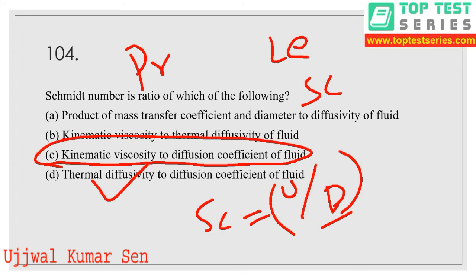Okay, just let me tell you the answer so that it will not create any problem. So in case of Prandtl number, Prandtl number is equal to Schmidt number by Lewis number. Schmidt, we have a spelling, Lewis. So Schmidt number by Lewis number is equal to Prandtl number.